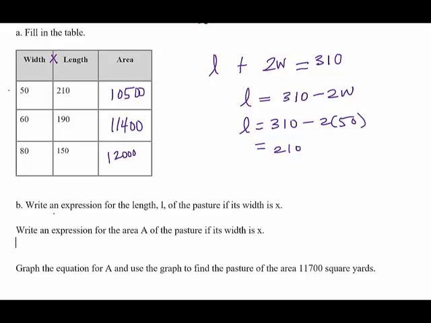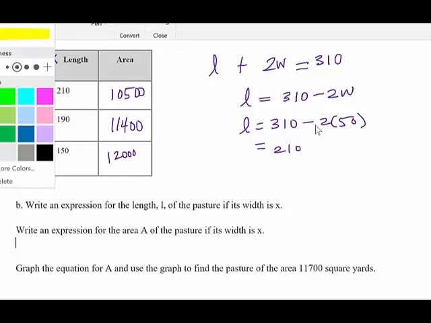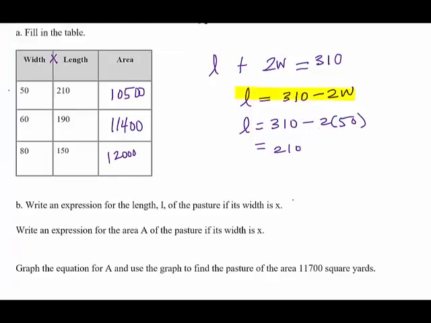In part B, we want to write an expression for the length L of the pasture if its width is x. Pretty much we wrote this formula just a second ago. However, we're going to use x instead of W, so L equals 310 minus 2x. And then we want to write an expression for the area A of the pasture if its width is x.